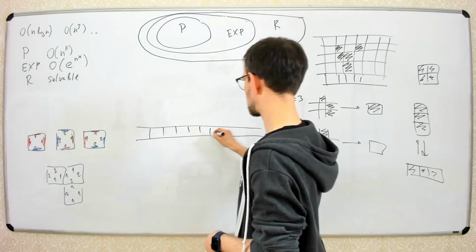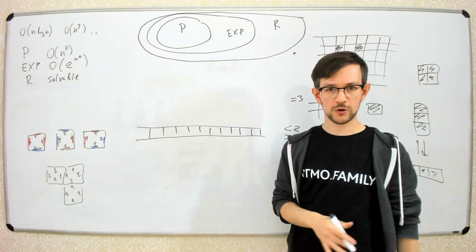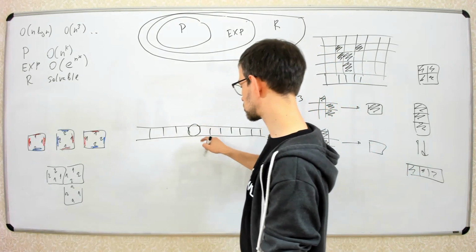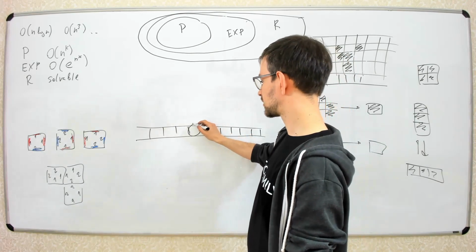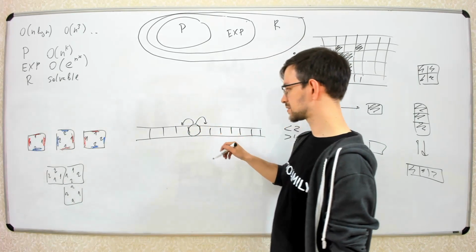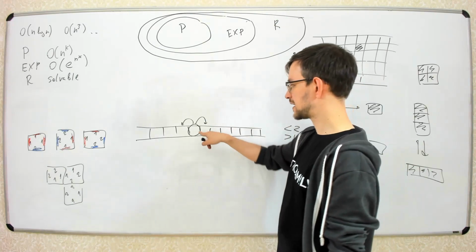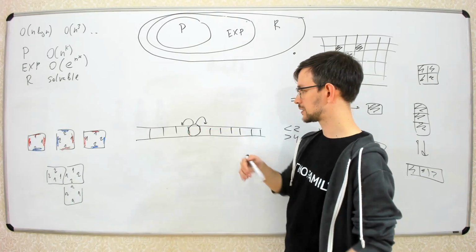We have this line of cells. Each cell is dead or alive, and you have some rules about each cell. Each cell looks at the two neighboring cells and finds its next state. So the next state of this cell depends on its state and the state of its two neighboring cells.